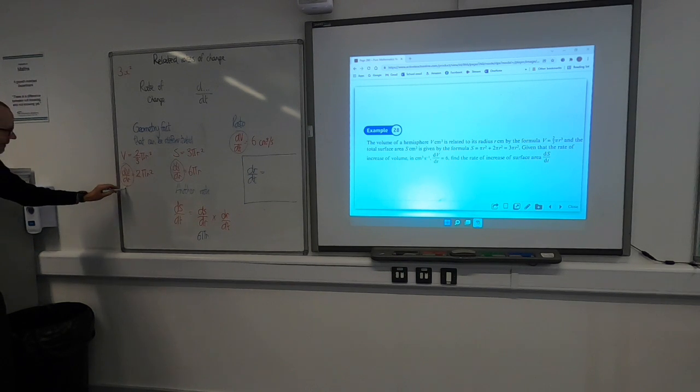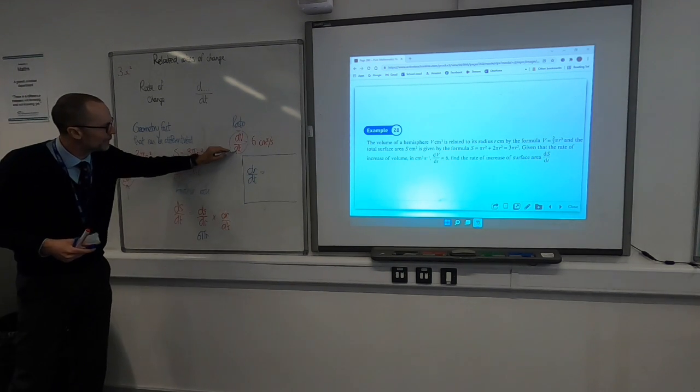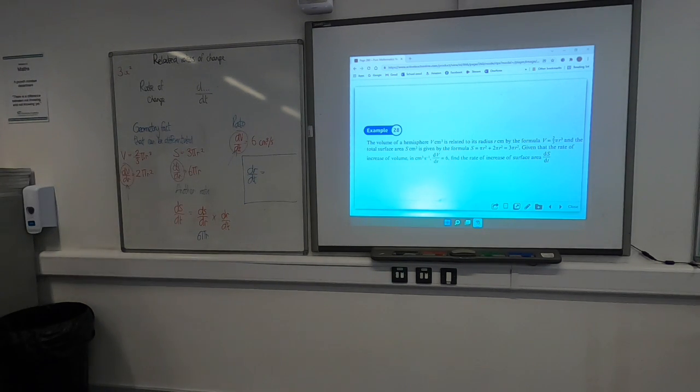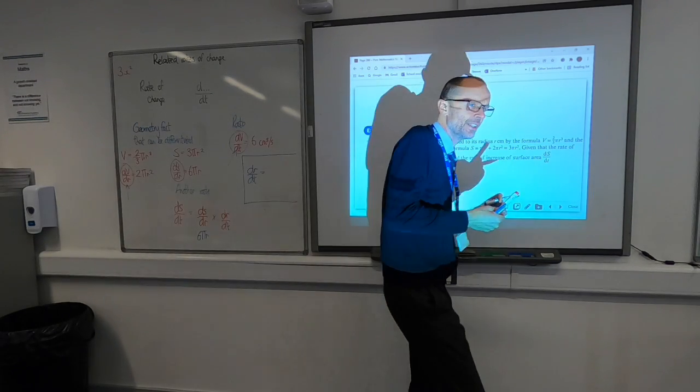So what about the 2 remaining rates? I mean, we wouldn't have been asked to work them out if we weren't going to be expected to use them. And my heart sinks immediately because I can't see anything with a dr on the top. Could anyone suggest a solution to this?